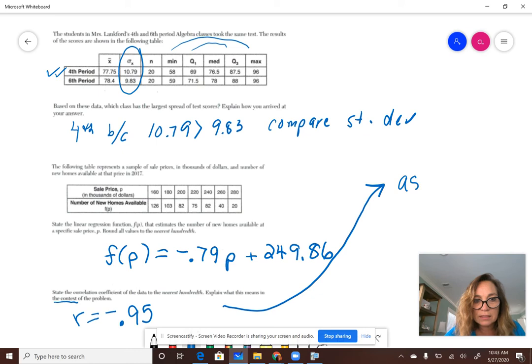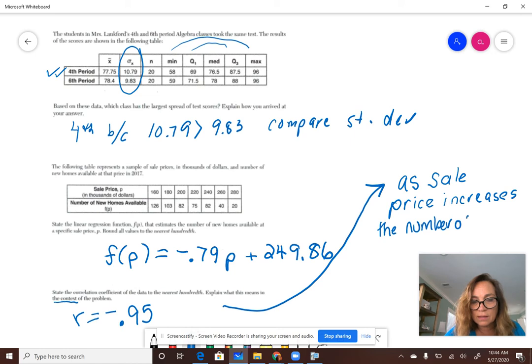As sale price increases, the number of homes decreases.